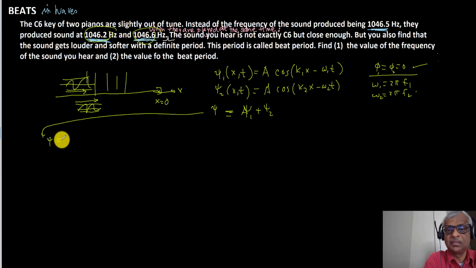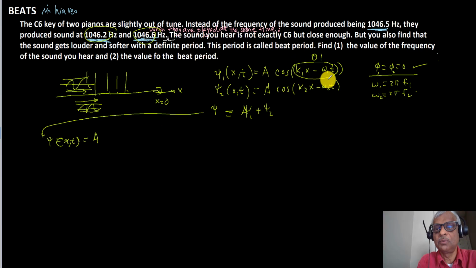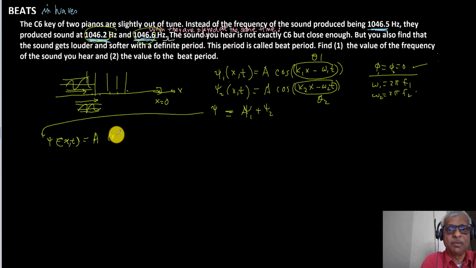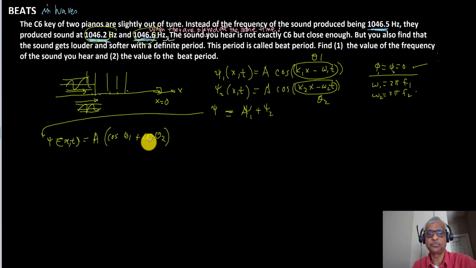So psi is psi at x and t, so at any point where they're overlapping, A is common, and this is like cosine theta 1 and this is theta 2. So A times cosine theta 1 plus cosine theta 2. And when you have cosine theta 1 plus cosine theta 2, you probably know the cosine A plus cosine B formula, right?